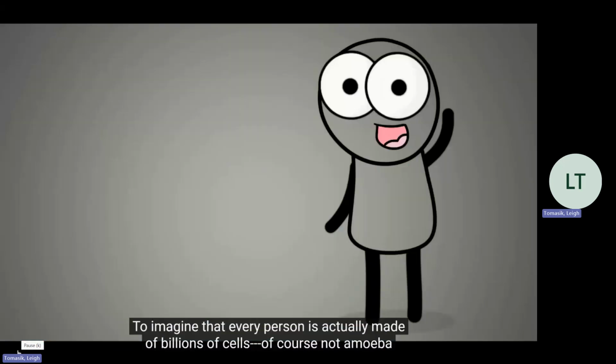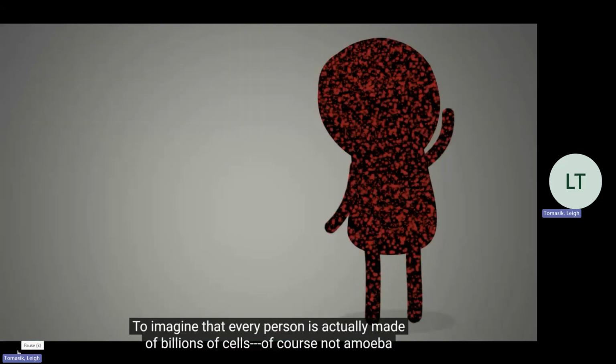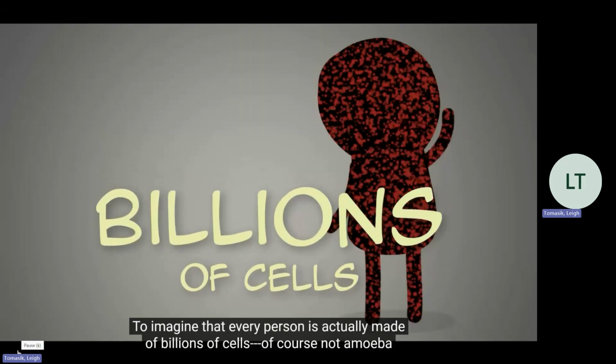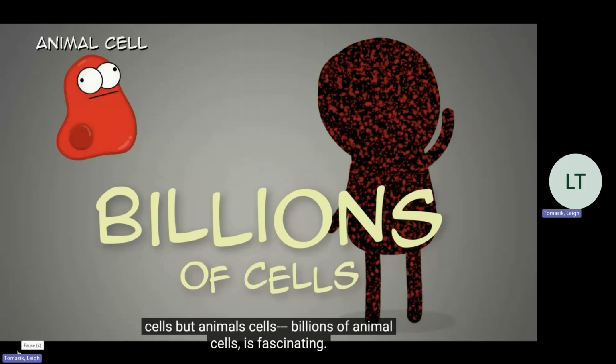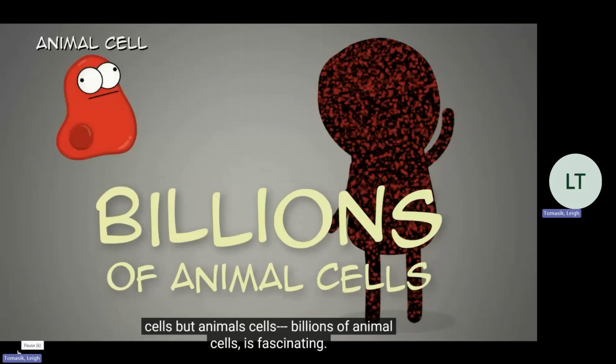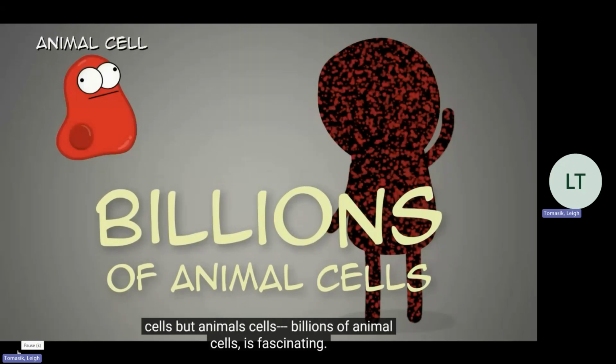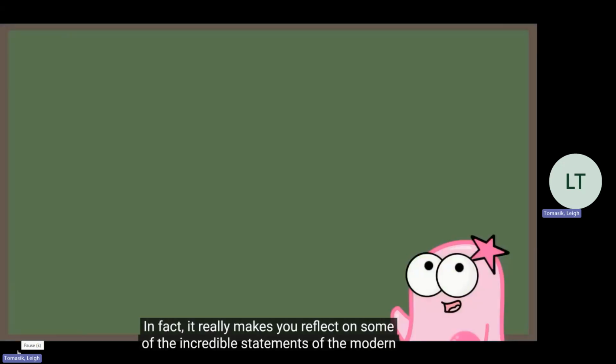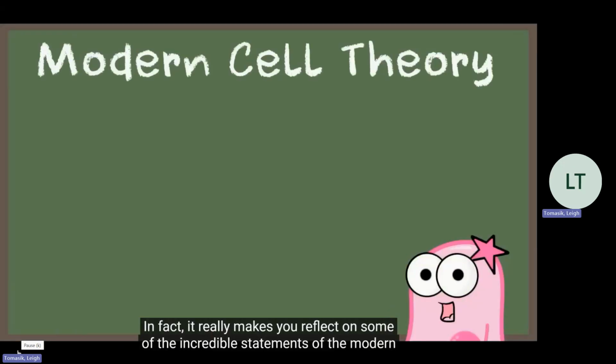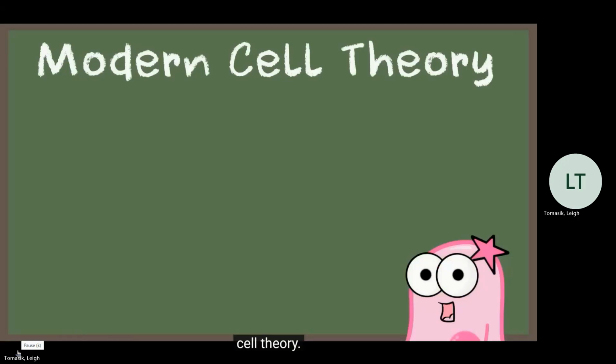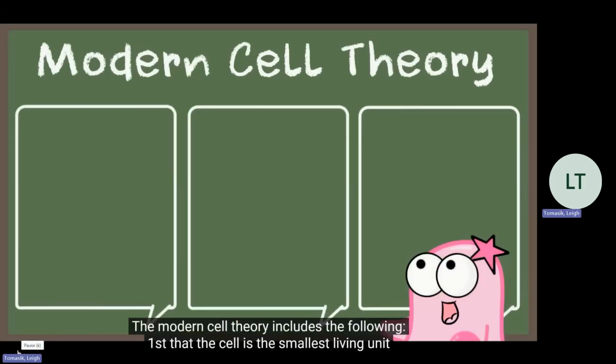But to imagine that every person is actually made of billions of cells. Of course, not amoeba cells, but animal cells, billions of animal cells. That's fascinating. In fact, it really makes you reflect on some of the incredible statements of the modern cell theory. The modern cell theory includes the following.